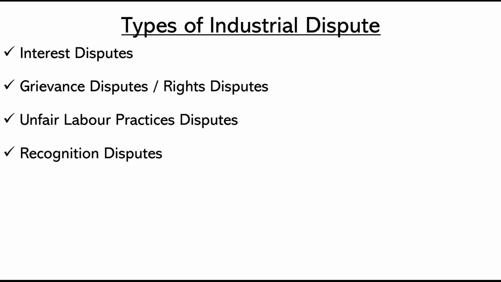Now, this is the most common kind of dispute, and that is labor dispute. How does this happen? This happens when the management discriminates against workers when they participate in any kind of union activity. Workers can participate in union activity.